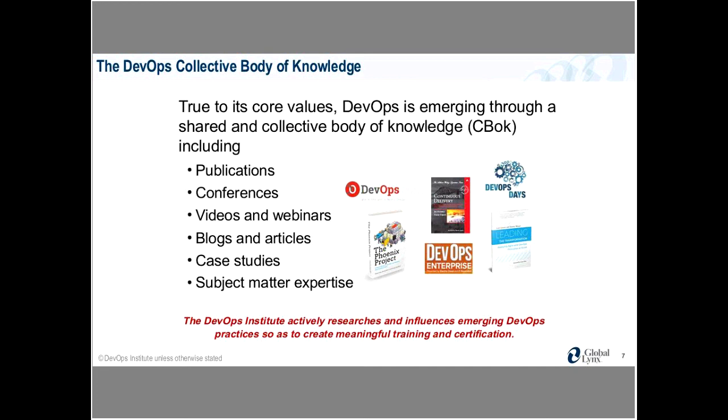There are a number of different reference guides. There are resources online. There are different conferences that are held. Of course, some of the automation companies also talk about DevOps. There are various case studies. So DevOps is built on the collective experiences and the insights of multiple thought leaders and resources.